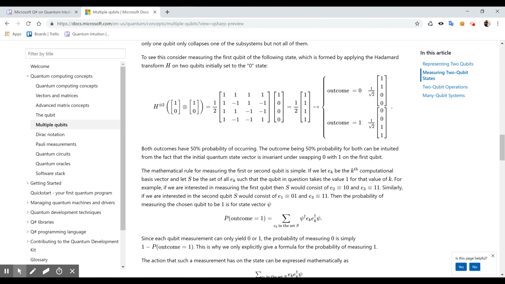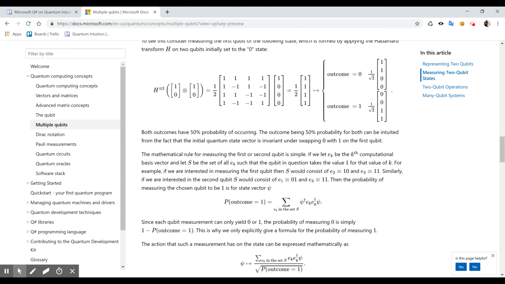The way you measure the state really affects the certainty and uncertainty of the information you have. I don't really know what you can do with that yet, but that's big. If you measure the first one and you have 0, then by measuring, you're affecting the information you have in your state. That's badass, man.